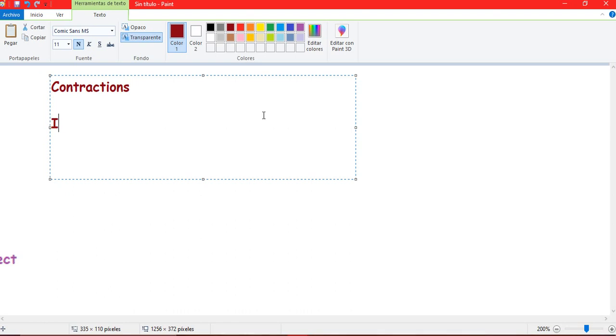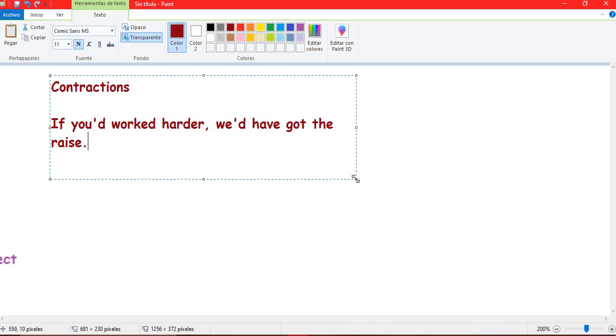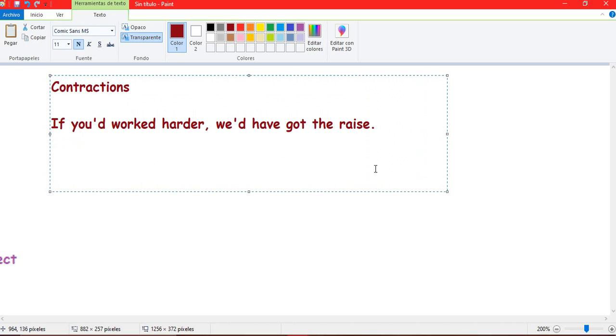For example, if you'd worked harder, we'd have got the raise. Like this. In here we were using the contractions.